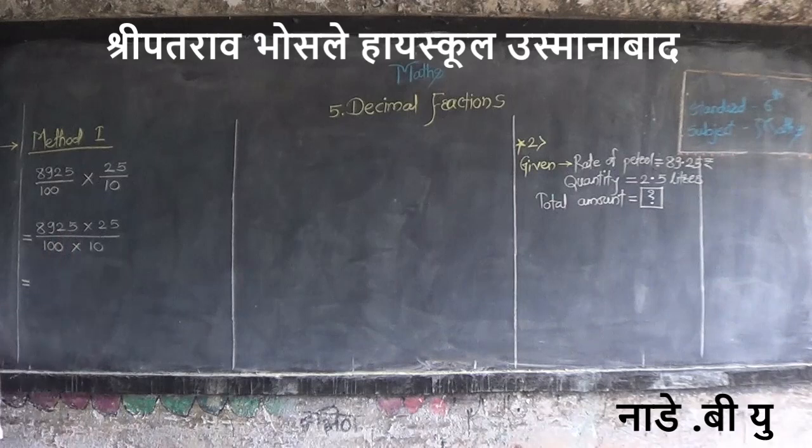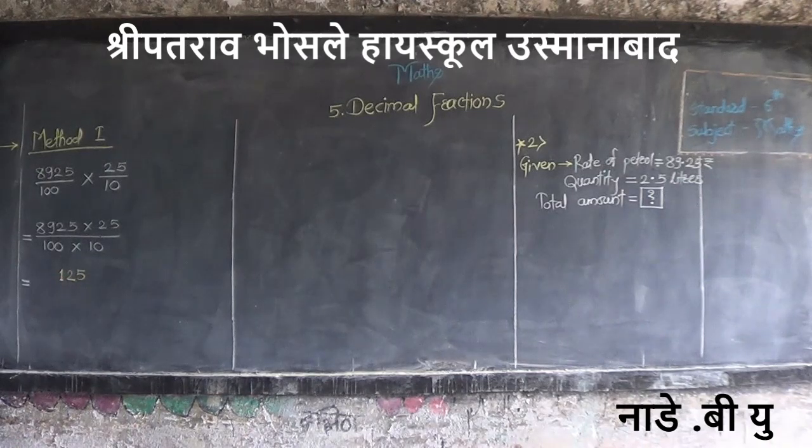Here you know the table of 25. 25 5s are 125, write 5 and carry 12. 25 2s are 50. 50 and 12 is 62, write 2 and carry 6. 25 9s are 225, and carry 6 makes 231.